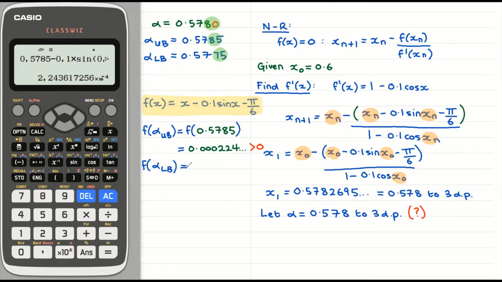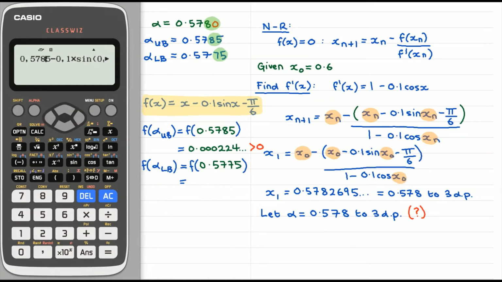And I'm just going to go back and edit what I've inputted and change the number to 0.5775. There we go. Right, so if we plug that in, let's go back in editing. So pi over 6 is fine. Just go back to that. So we're going to have to delete the 8 and replace that with a 7.